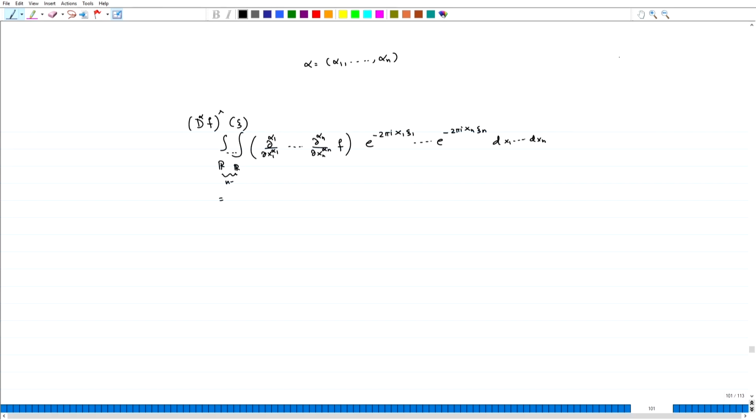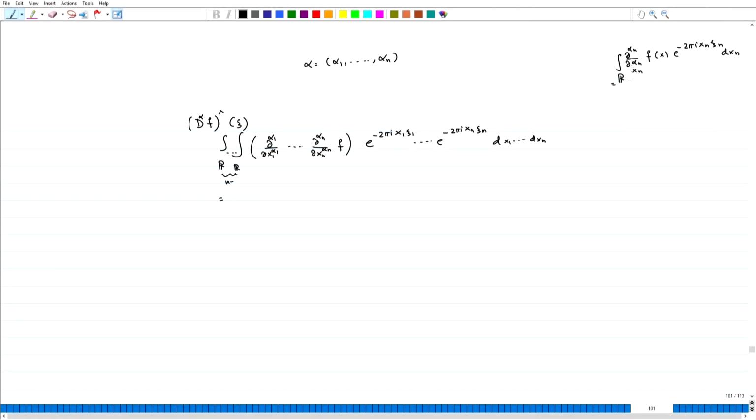As we notice, if I am dealing with only the integral of ∂^alpha_n over ∂x_n^alpha_n of f(x) e to the power minus 2 pi i x_n xi_n dx_n, then by integration by parts, and since f is a Schwarz class function, every time I integrate, the boundary term is going to vanish.